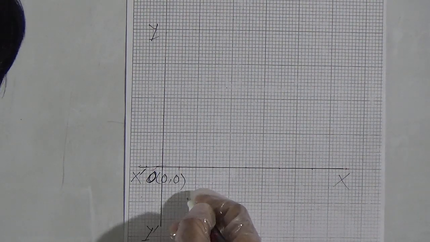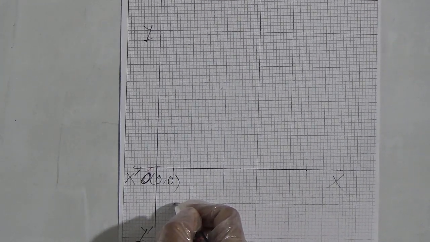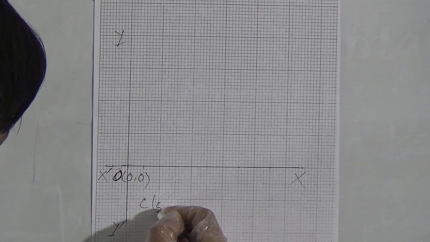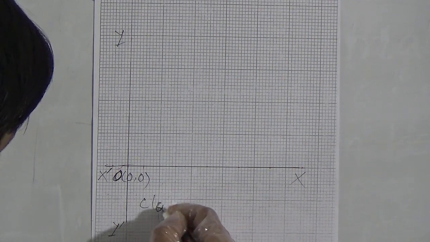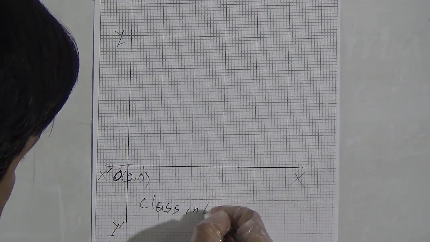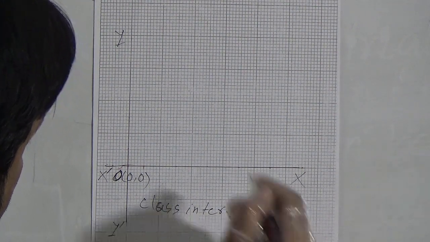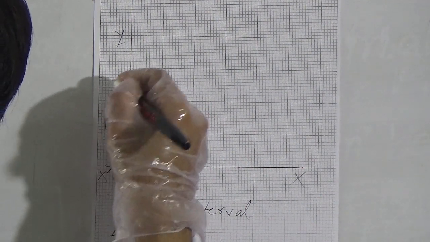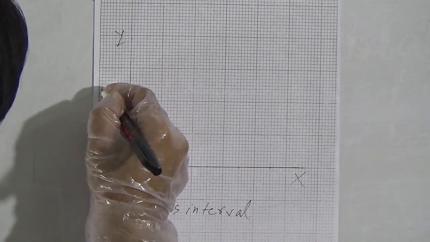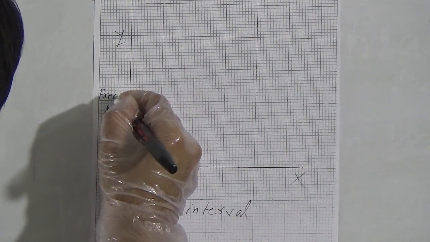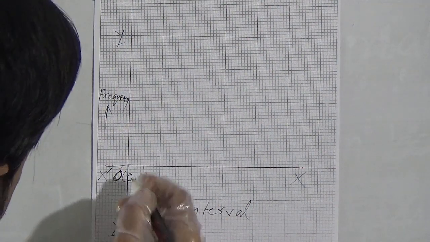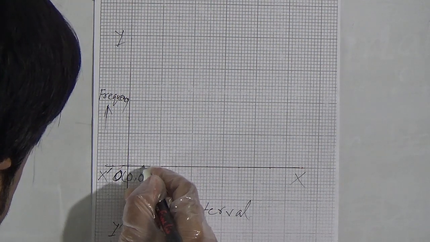Now we have to indicate the class interval along x-axis. And we have to indicate the frequency along y-axis. Now indicate the points here.